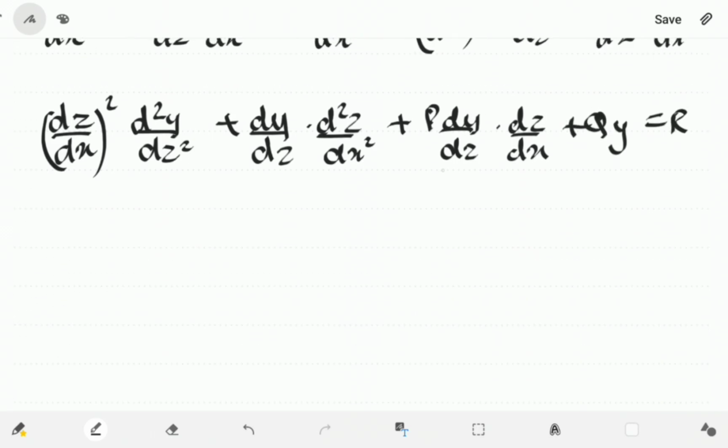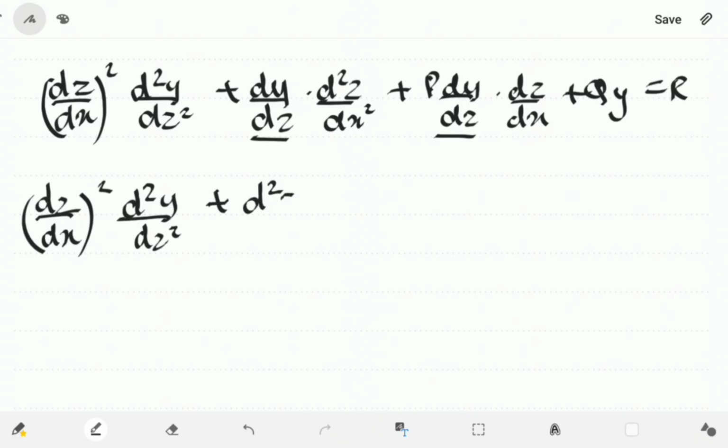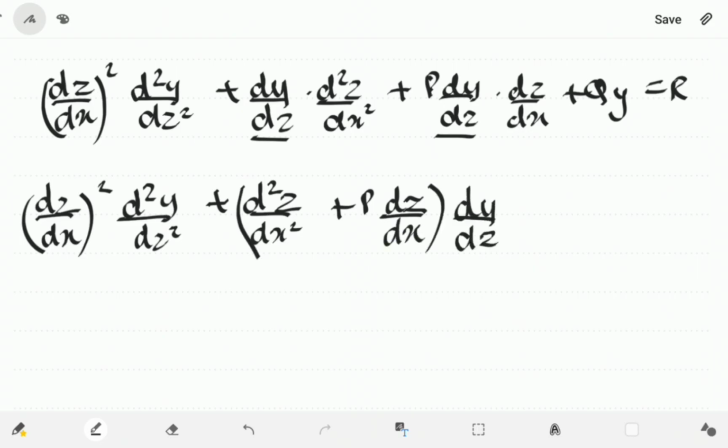Now, taking dy by dz common, we get dz by dx the whole squared into d squared y by dz squared plus d squared z by dx squared plus p into dz by dx, the whole into dy by dz plus q into y is equal to r.